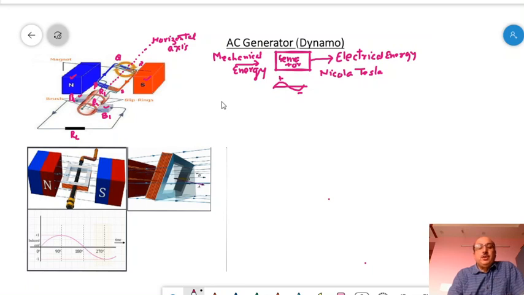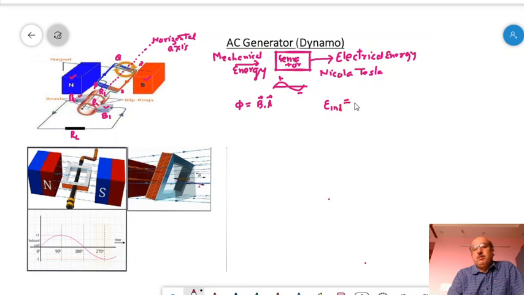Now, the next point is the principle. The principle behind the generator is Faraday's law of electromagnetic induction: if the flux, that is B dot A, changes with respect to time, then it will produce an induced EMF.